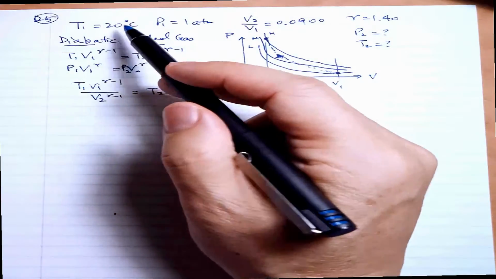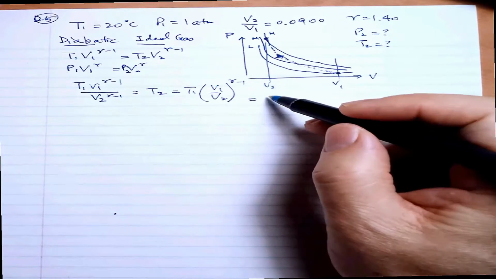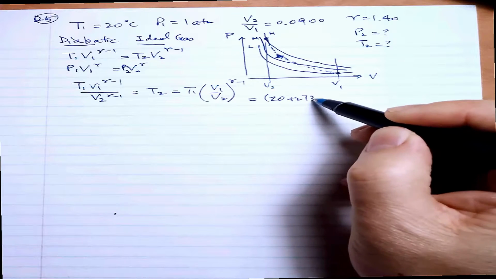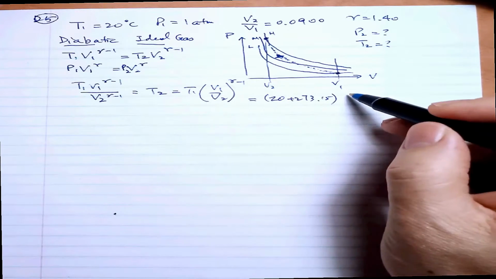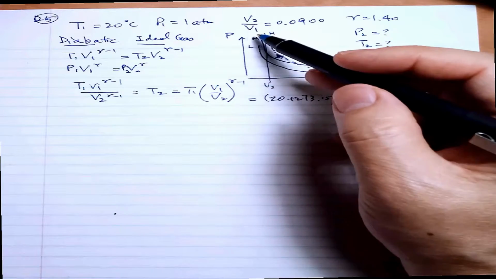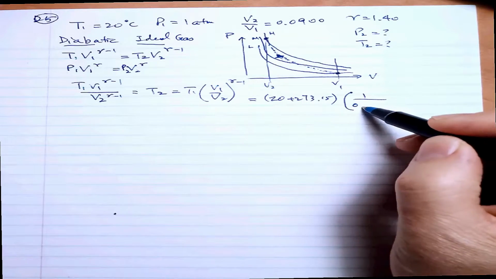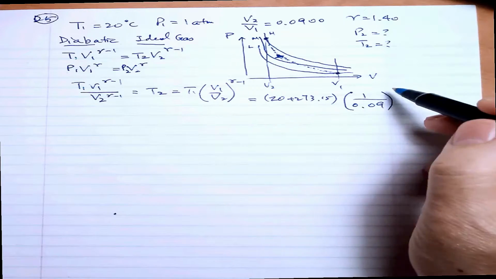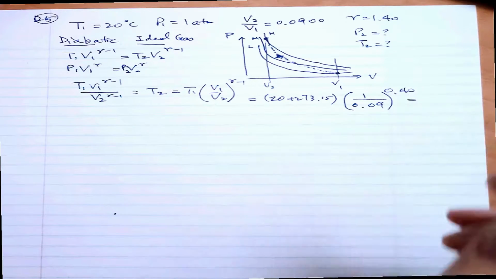T1, you're told, is 20 degrees, but you have to convert that to Kelvin. So 20 plus 273.15. And then V1 over V2, not V2 over V1, so you just write the reciprocal, to the gamma minus 1. Gamma is 1.4, minus 1 is 0.4.